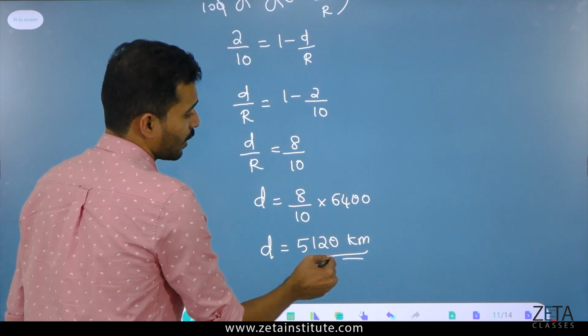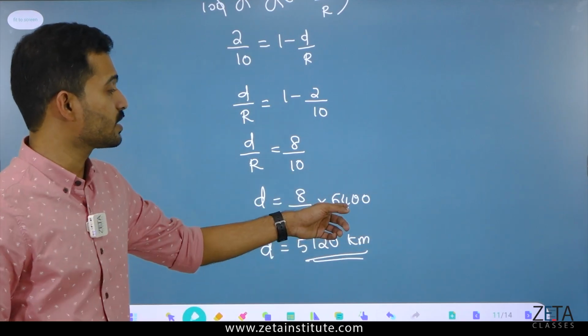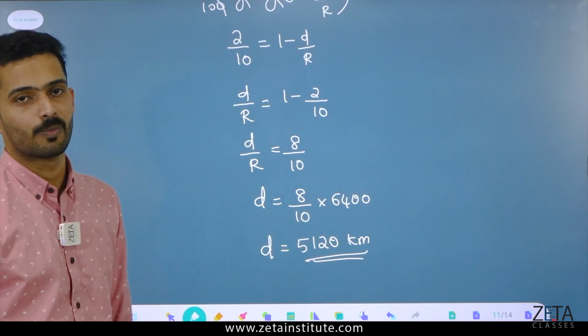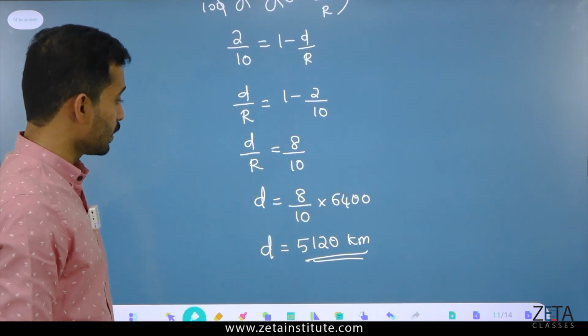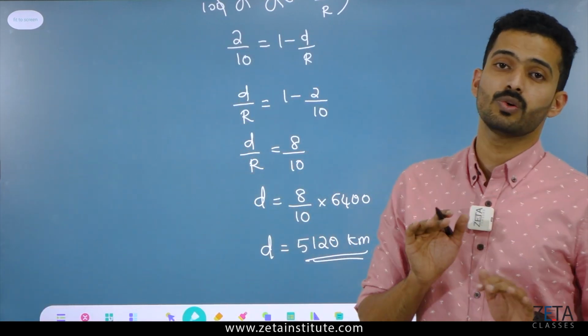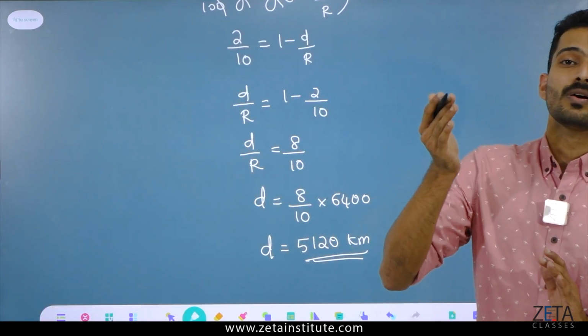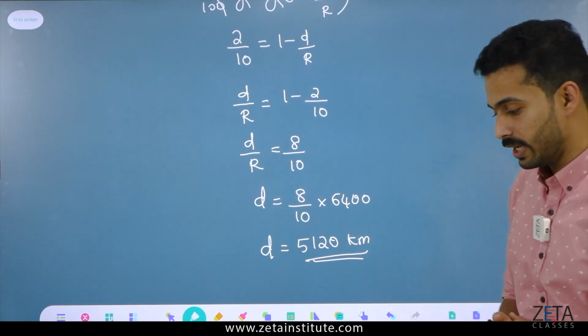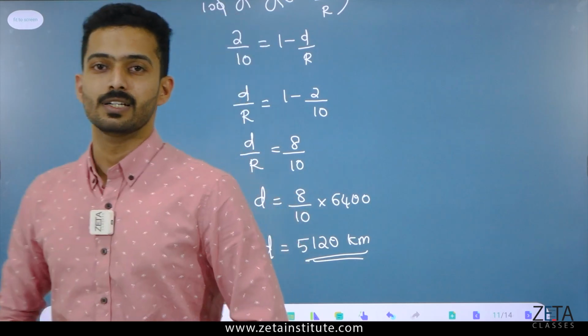Because the value of radius is given in kilometers, the answer is 5120 kilometers. So at a depth of 5120 kilometers, the value of acceleration due to gravity becomes 20% of the value of acceleration due to gravity on the surface of the earth.